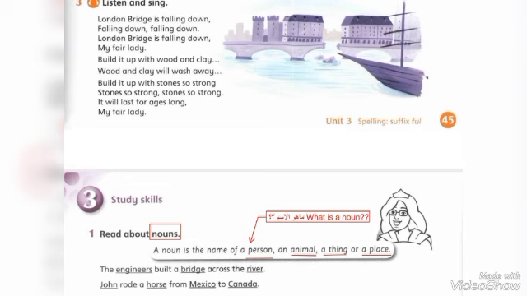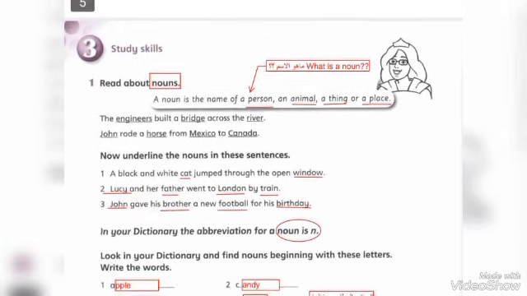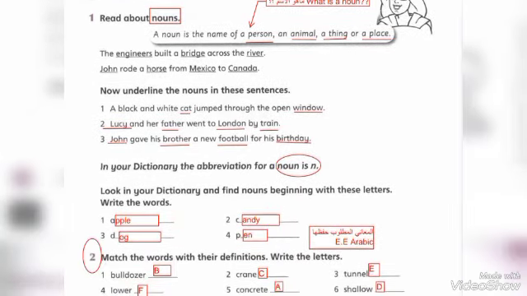Go ahead to your workbooks in Unit 3. Question 1 is to underline the nouns. As you can see, here is to underline the nouns. Here is a meaning question. Vocabulary.